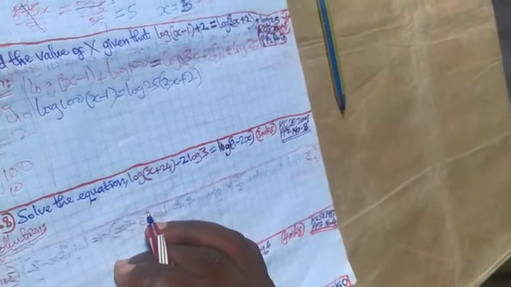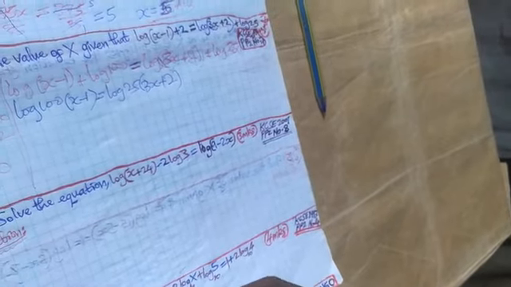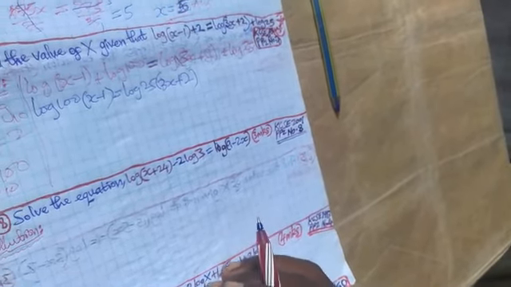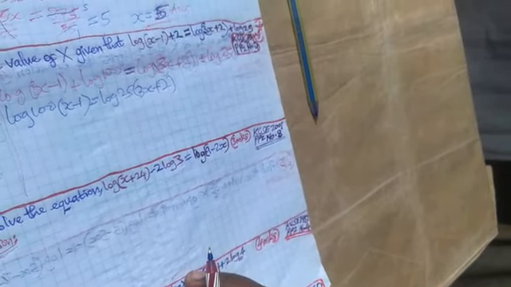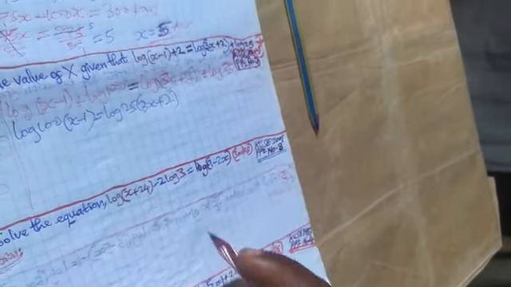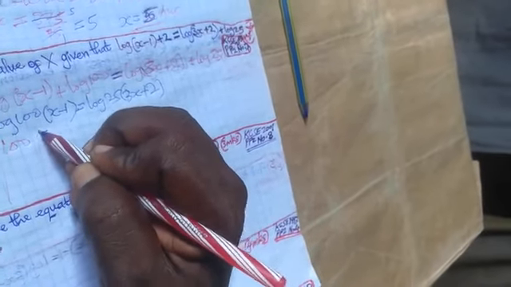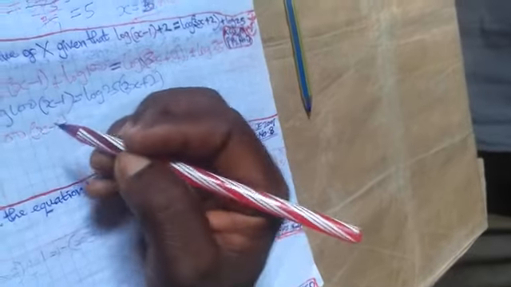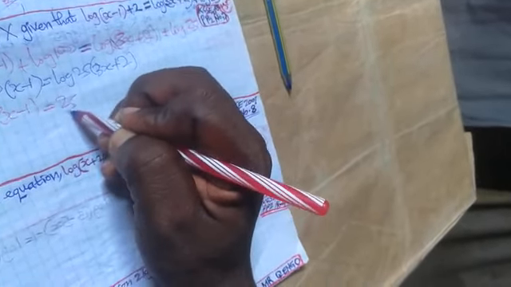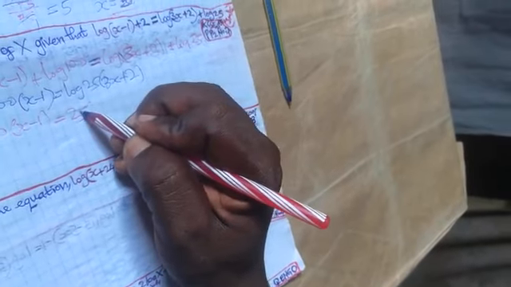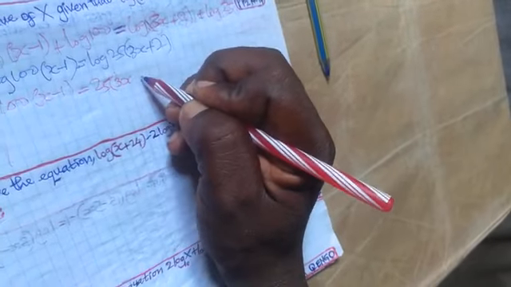Now, by dropping the two logs in both sides and multiplying each independently, we cross the equal sign and say 100 times x minus 1 is equal to 25 times 3x plus 2.